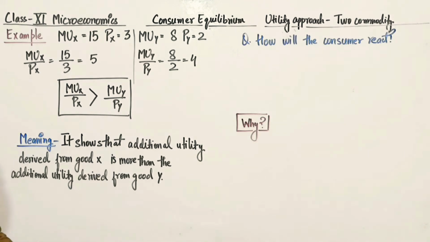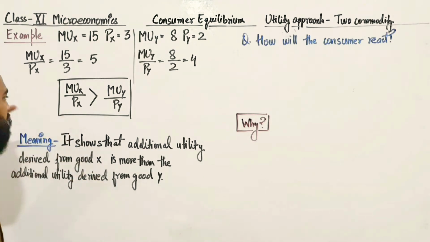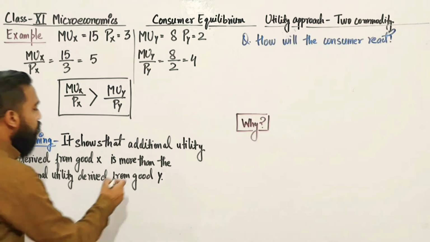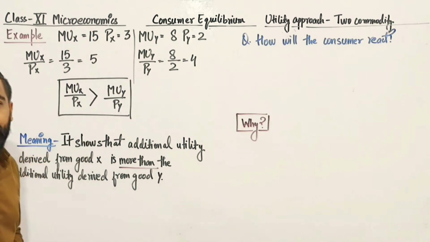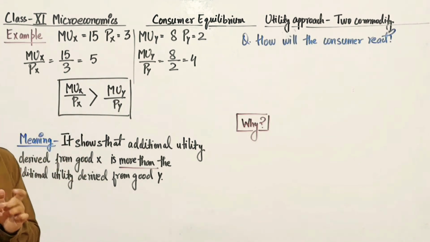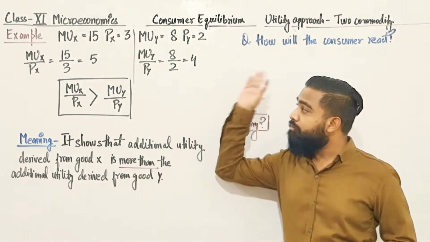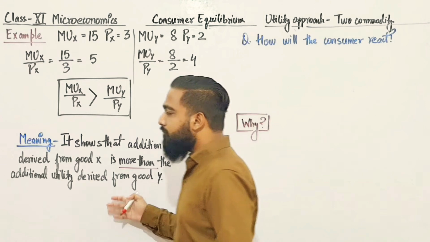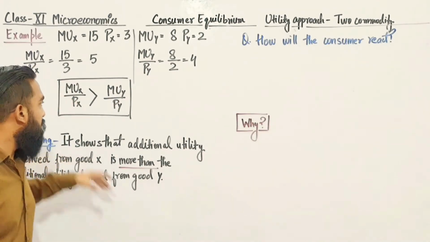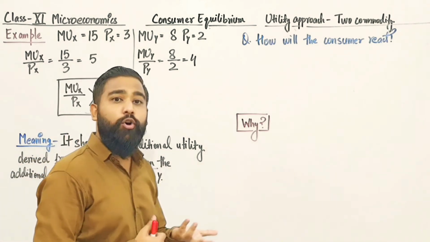It shows that the additional utility, the marginal utility, which is being derived from good X is more than the additional utility derived from good Y. So that's the meaning.